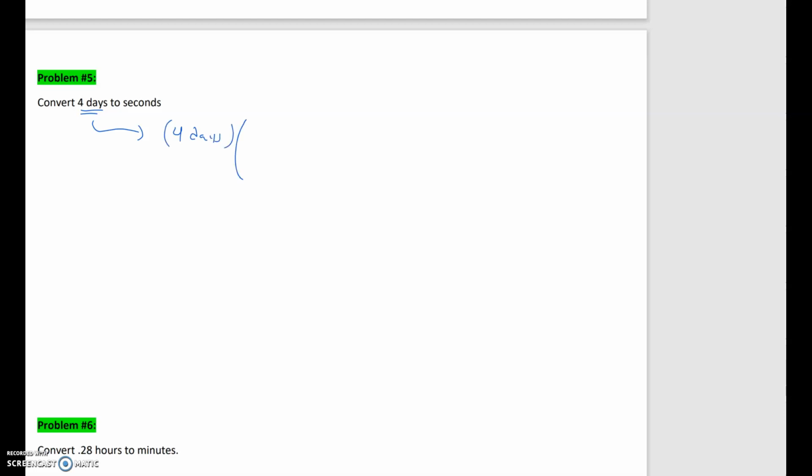Technically the conversion is going to be that 1 day has 24 hours, and then 1 hour has 60 minutes, and 1 minute has 60 seconds.